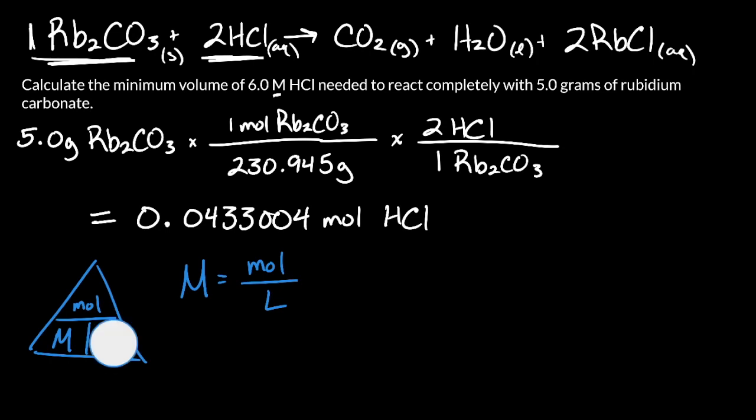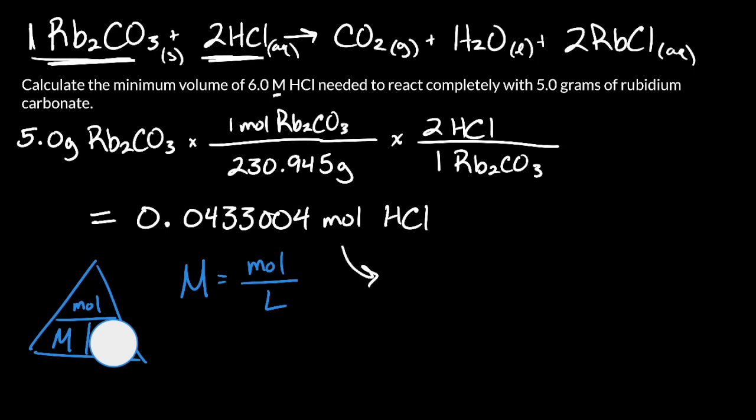And so the way that I'll solve for liters is I'll do my number of moles divided by the concentration. I have calculated my moles here, and I was given the concentration in my problem.